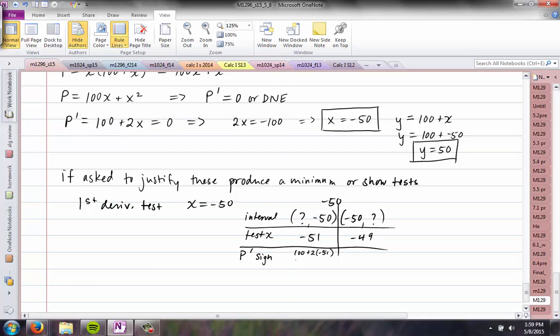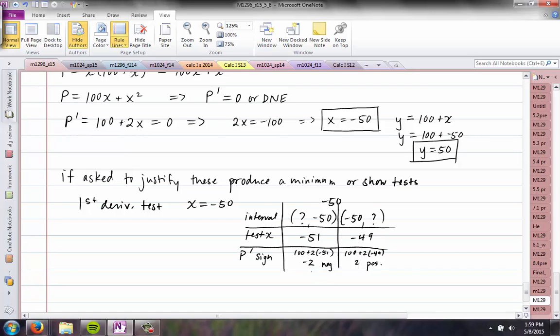So we get 100 minus 102, which is negative 2. So it's negative. Then, similar kind of thing here, 100 plus 2 times negative 49. So you're going to get negative 98. So 100 minus 98 is positive 2.